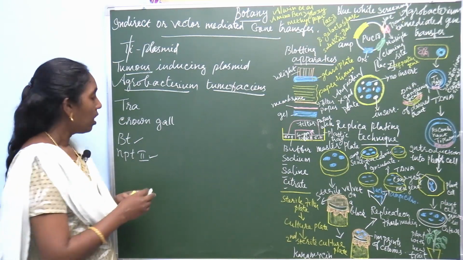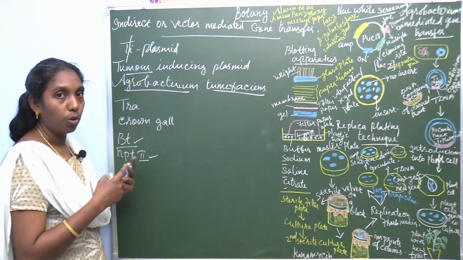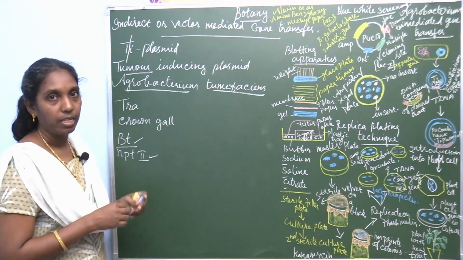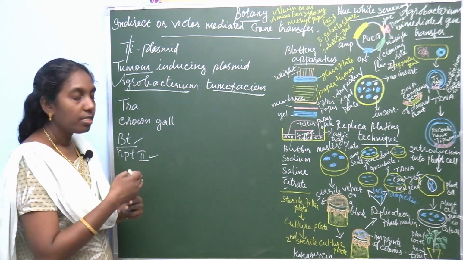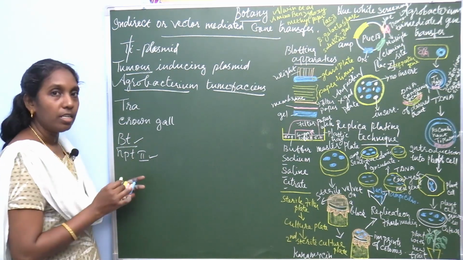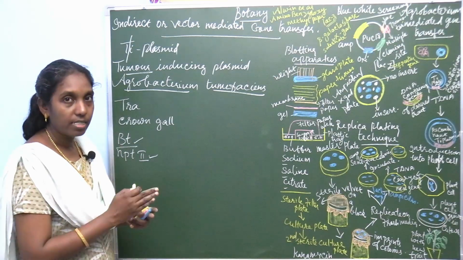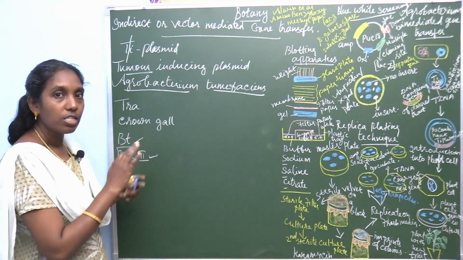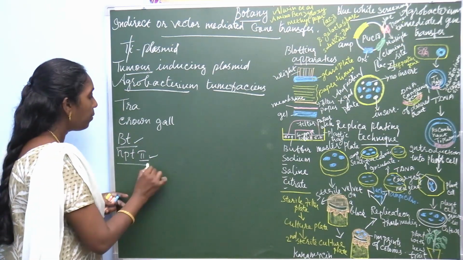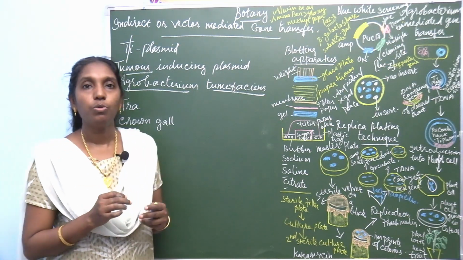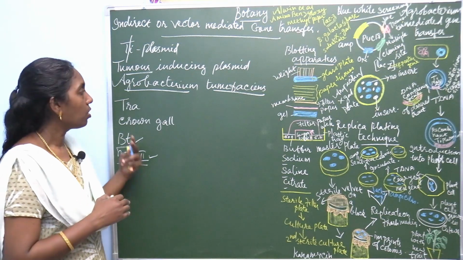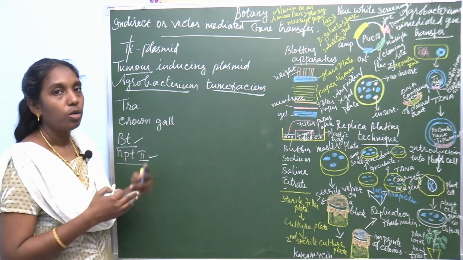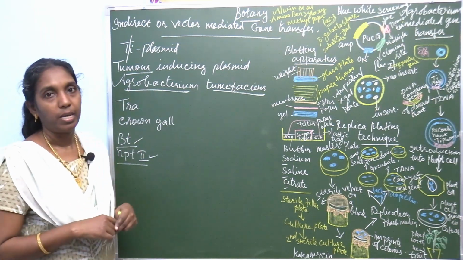The unwanted part of the Ti plasmid can be removed, the Bt insect resistance gene inserted, and it is cloned. Likewise, NPT2 gives the antibiotic resistance variety, and it is also cloned by this Ti plasmid.